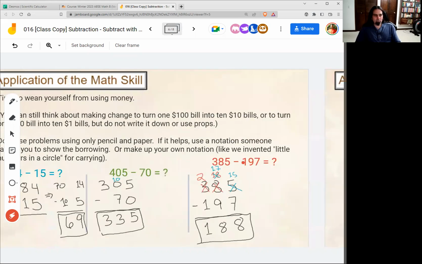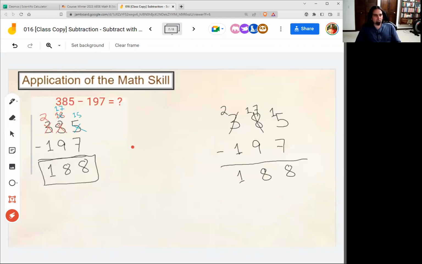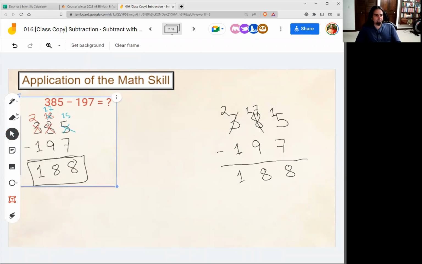And I tried to model 3 different ways here. You could rewrite things completely as 10s and 1s. If I was doing that in this example, then I would say this is actually 385 minus 197. And I need to take the 300 and make it a 200 to get 180.